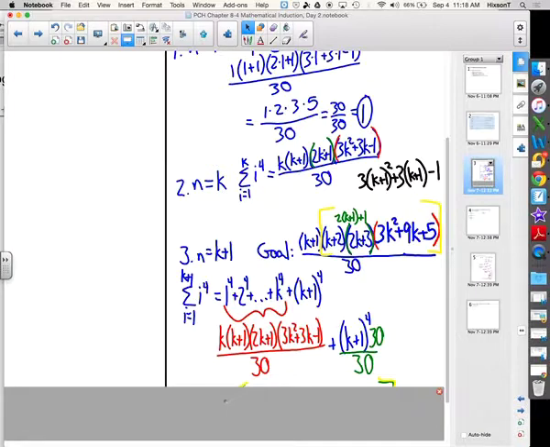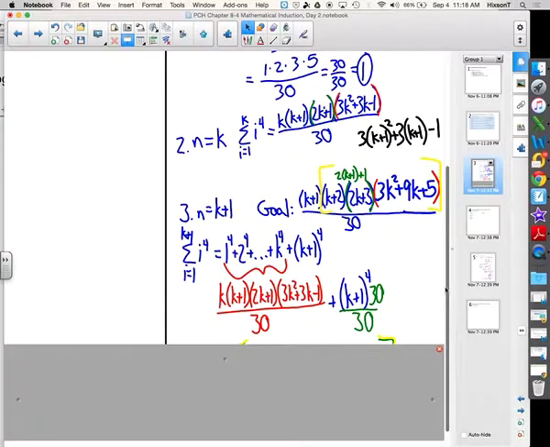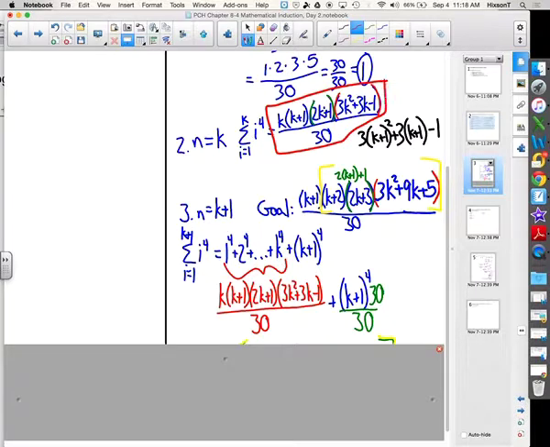Yes? I'm sorry, so your goal, how does that relate to the third step? Like if you're plugging in k plus 1 for every k, then where does the n equals k, like how does that factor into it? The n equals k part of it? Yeah. That factors in right here because the reason why we stated this is so that we could take this and put it in for all of this.